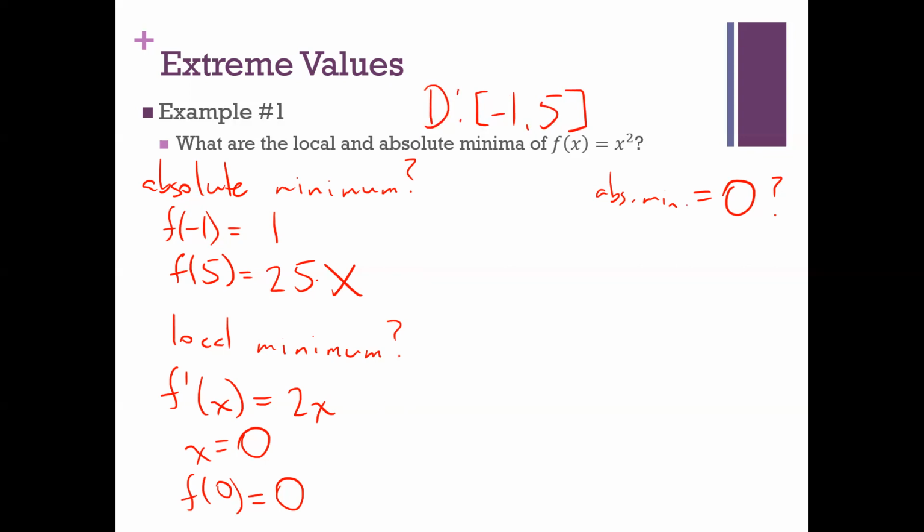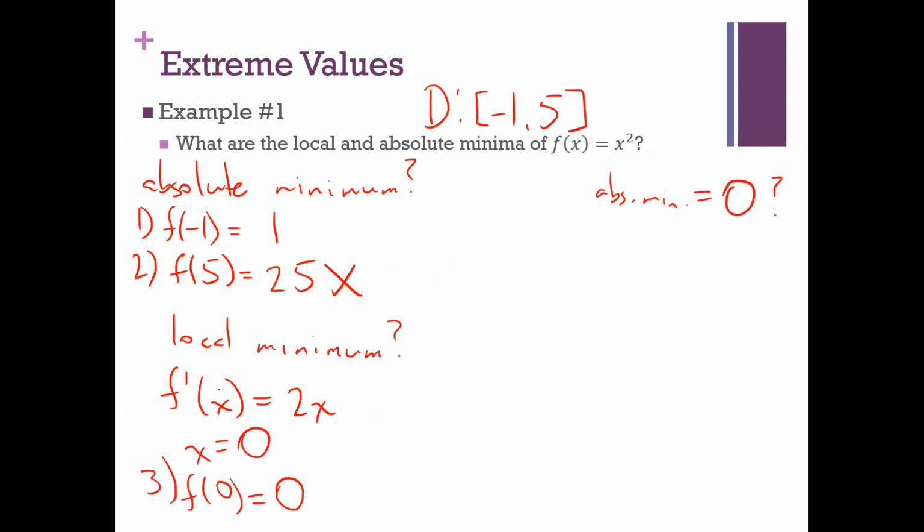So now, because of this, we have a third candidate. We have f of -1, we had f of 5, which we already threw out, and f of 0. So those are basically your three choices for what the local, absolute minimum could be.